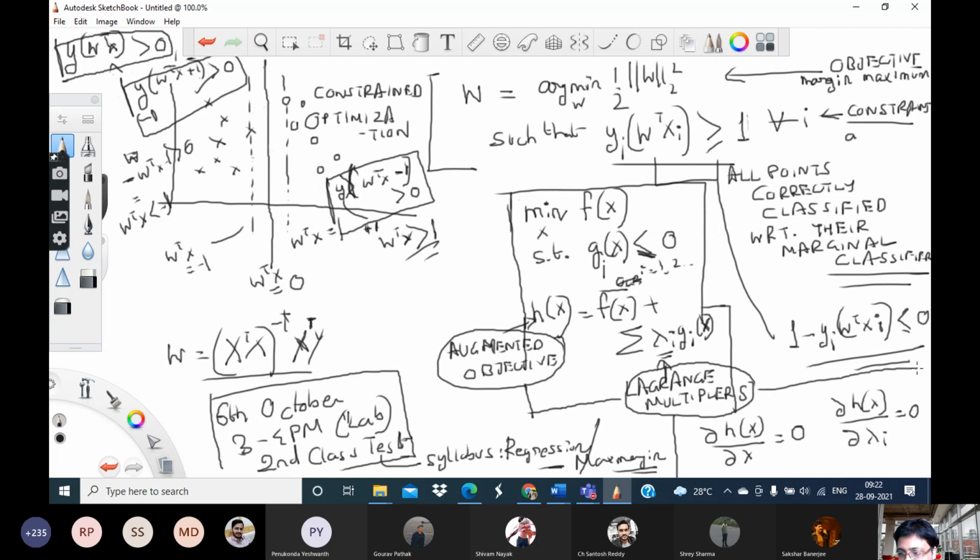Okay. And now what happens? I get as many equations like this as the number of unknowns. x is one unknown, for which I have got this equation. If there are n inequalities like this, for each of them I have one lambda i, and I take the derivative with respect to all the lambdas.